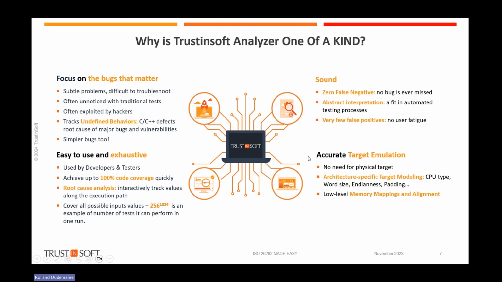And last one, it's doing this analysis in the context of the architecture that you want to use for your physical target. And the configuration of the target is pretty easy. You can just say that you want to build for ARM 64-bit, ARM 32-bit, and switching to another architecture is just one change of an analysis flag.